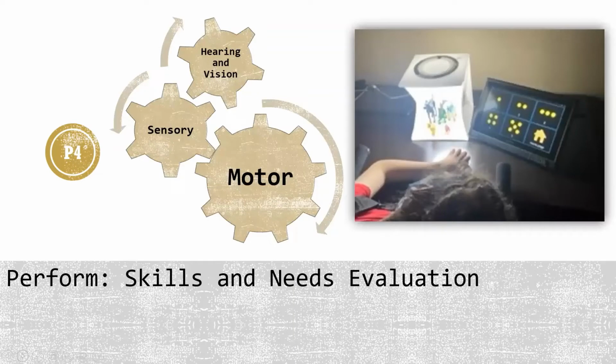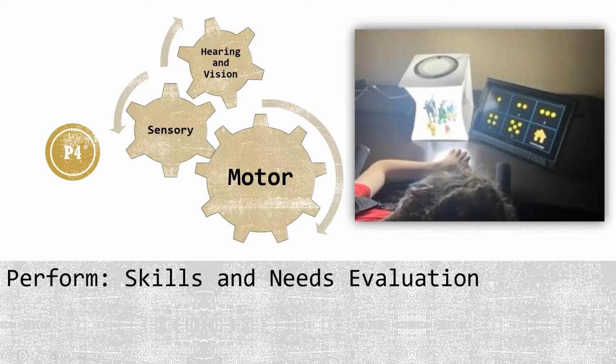It's also so important that we look at the whole person. We want to make sure that in our skills and needs evaluation we are looking at their motor skills, their sensory processing skills, what works for them as far as sensory processing in their environment, and their hearing and vision.